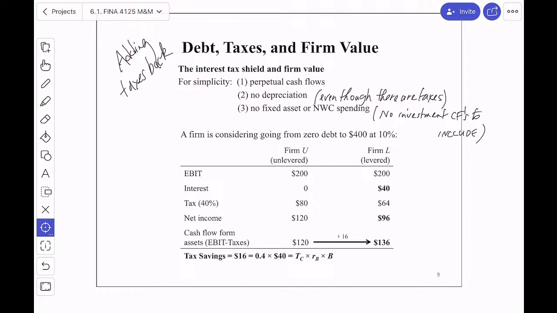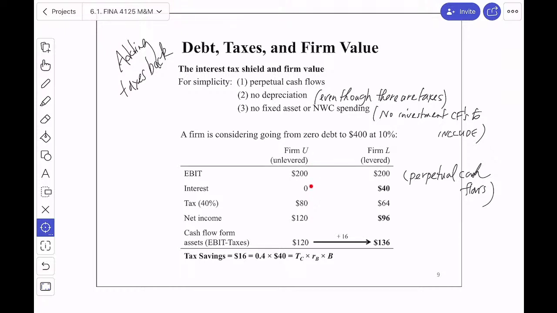And keep the firms identical, so you see they're going to have the same earnings. It's an assumption. This is perpetual cash flows. Then what? Well, there's no interest if there's no debt.